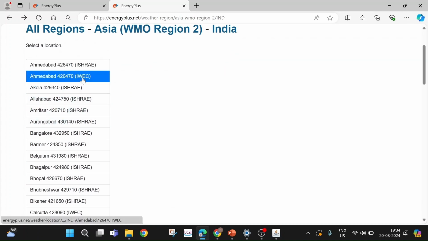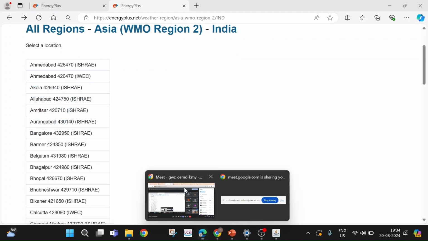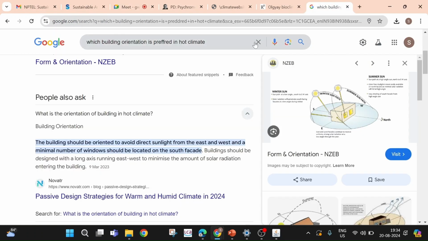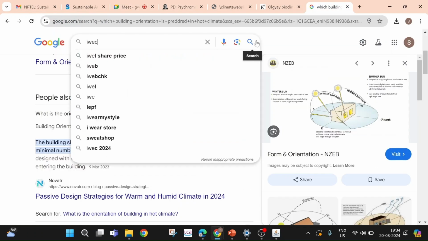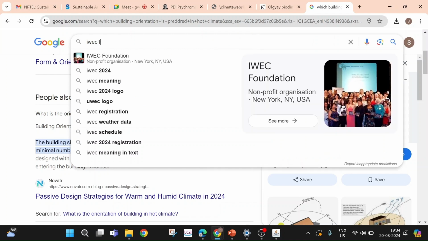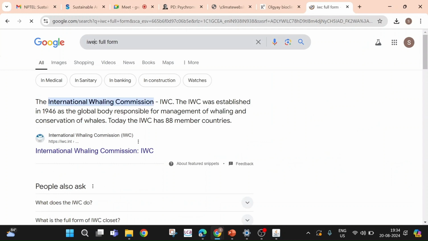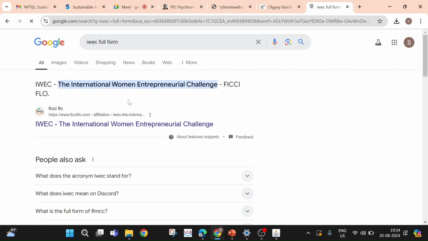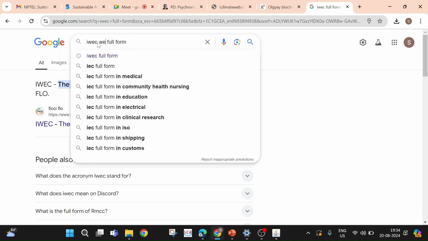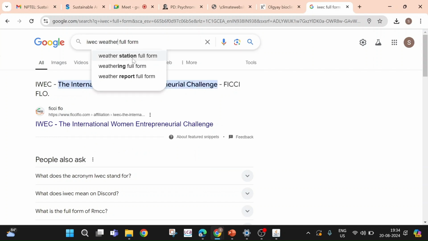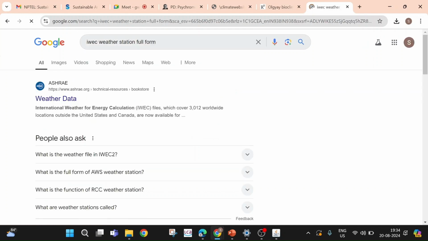IWEC, you can see. See, this is the IWEC files, like EPW Energy Plus weather data files. It is International Weather for Energy Calculations.